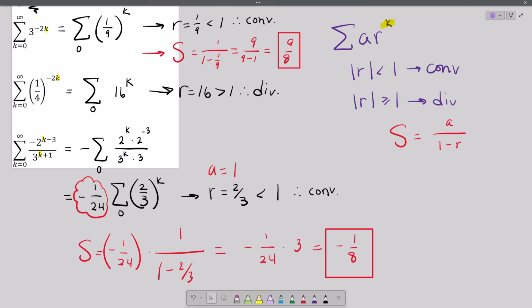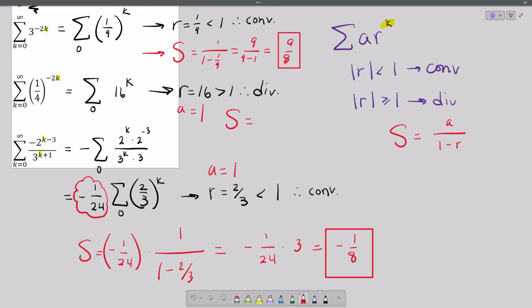All right. So looking at that divergent series here, this does have a first term and it does have a common ratio. Just remember that if you already decided it diverged, you could find an S, but it's not really the sum of the series. The series diverges, it doesn't have a sum. But you could calculate S, and I said 0 here, I should have said A is 1.